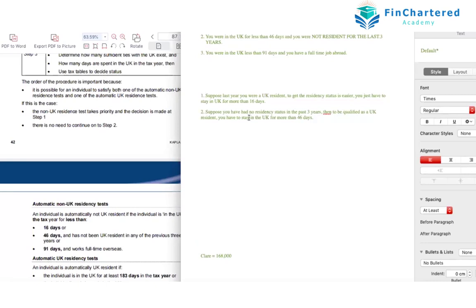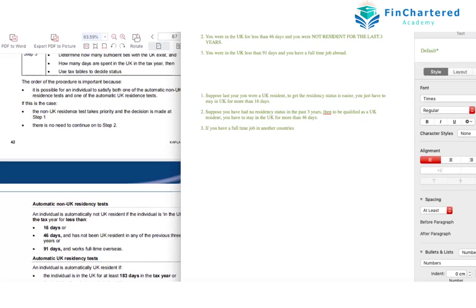But if you have a full-time job in another country, then even if you stay for 46 days in the UK, even if you stay for 47 days, 50 days, 60 days, 70 days, 90 days, you are still part of the workforce of another country and you're working full-time there.